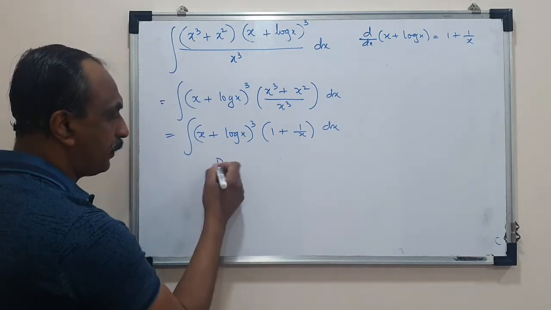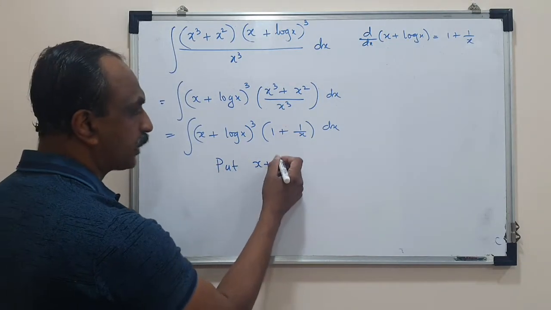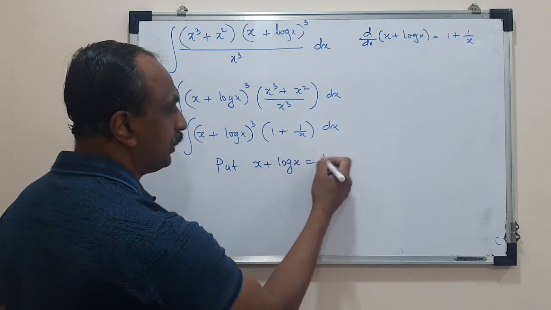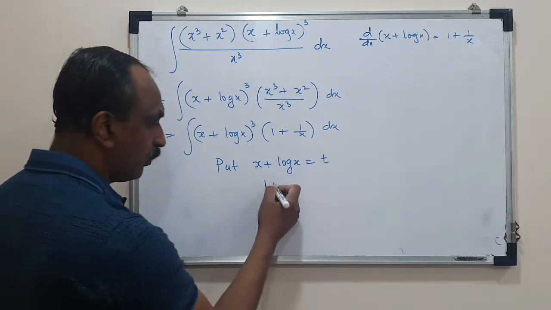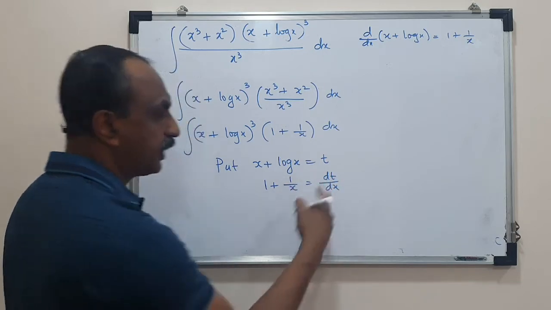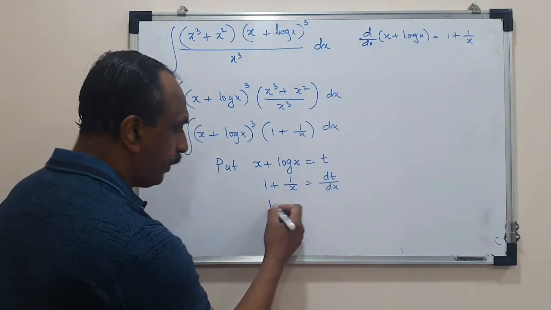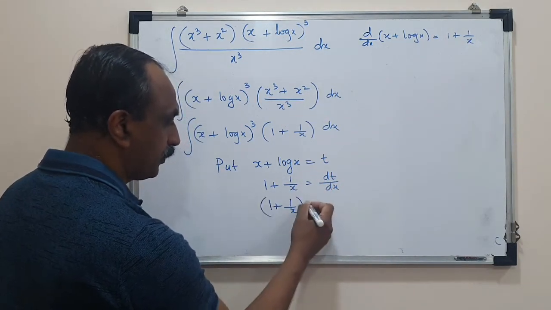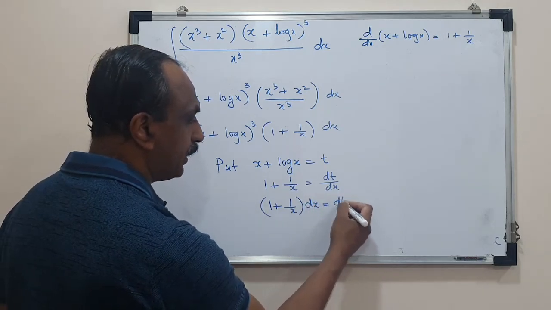So now I am in a position to do the substitution. So x plus log x equal to t. When you differentiate this with respect to x, 1 plus 1 by x is dt by dx. So 1 plus 1 by x into dx can be directly replaced by dt.